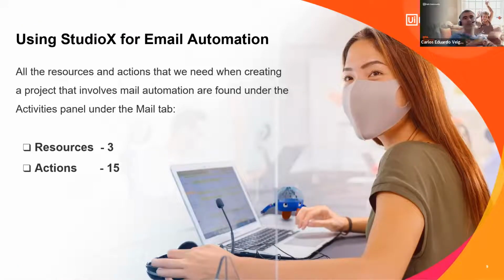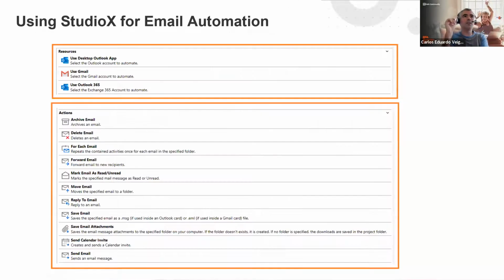As usual, you see the organization in StudioX around resources and actions. We have three main resources for how we interact with Gmail and Outlook, and 15 actions regarding those resources. Let's dive into them a little bit. You see the resources up top, and basically it's all around: should I use my desktop Outlook app?